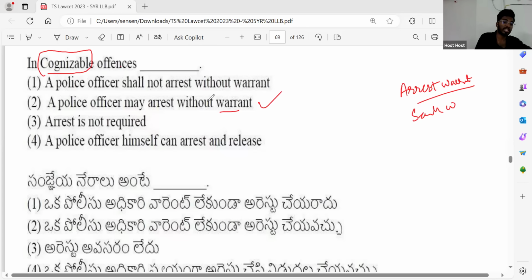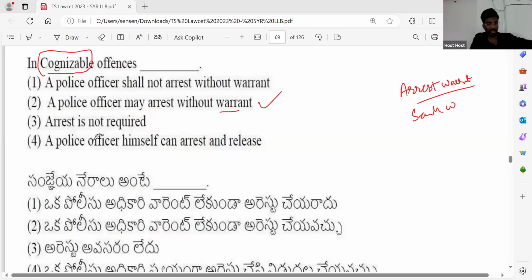So even without the permission from the court, the police can arrest you in cognizable offenses. Cognizable offenses are those offenses which are very serious in nature. Whenever somebody has committed a serious offense, should you wait for the magistrate's order or should you arrest him immediately so that he'll not tamper with the evidence or commit it again? So you have to arrest him. That is why he will be arrested.